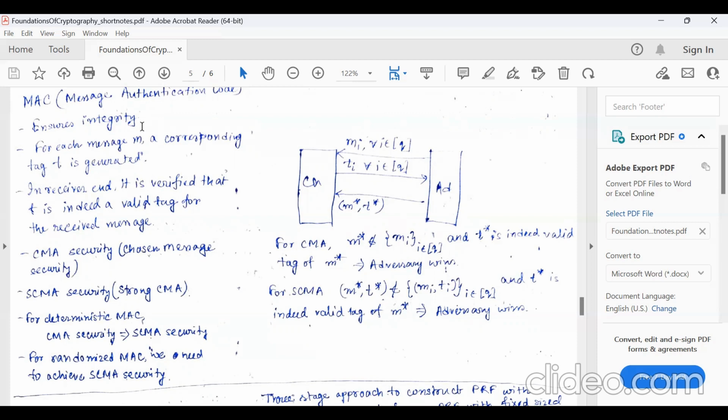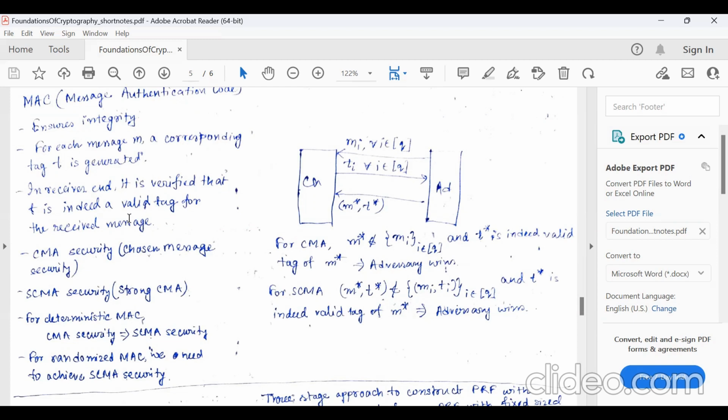So if we don't care about confidentiality, we can send message M as plain text, and irrespective of whether message M is being sent in plain text or ciphertext, you may want to ensure integrity of your message, and for that you will compute a tag T on that message, and you will send both your message M and tag T to the receiver, and receiver will verify whether the received tag T is indeed a valid tag of the corresponding message M that it receives by applying the tag verification algorithm, okay.